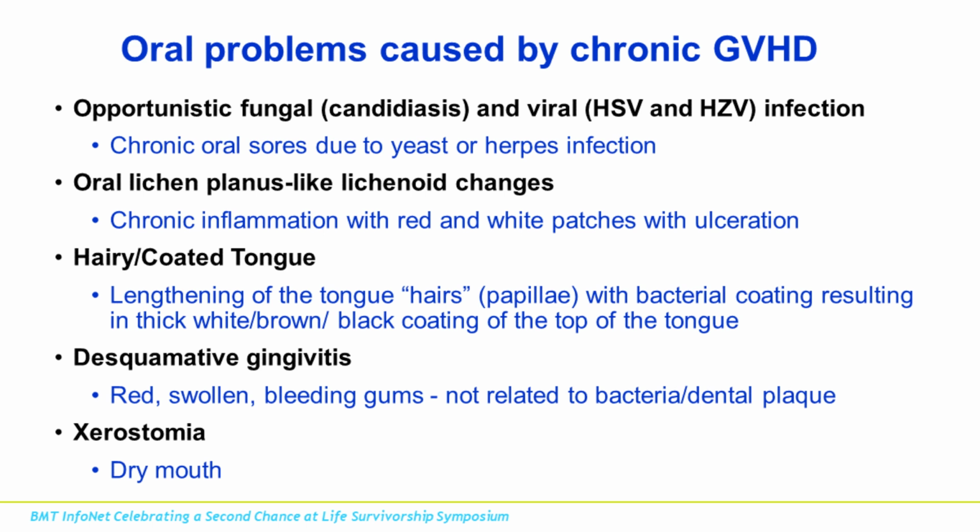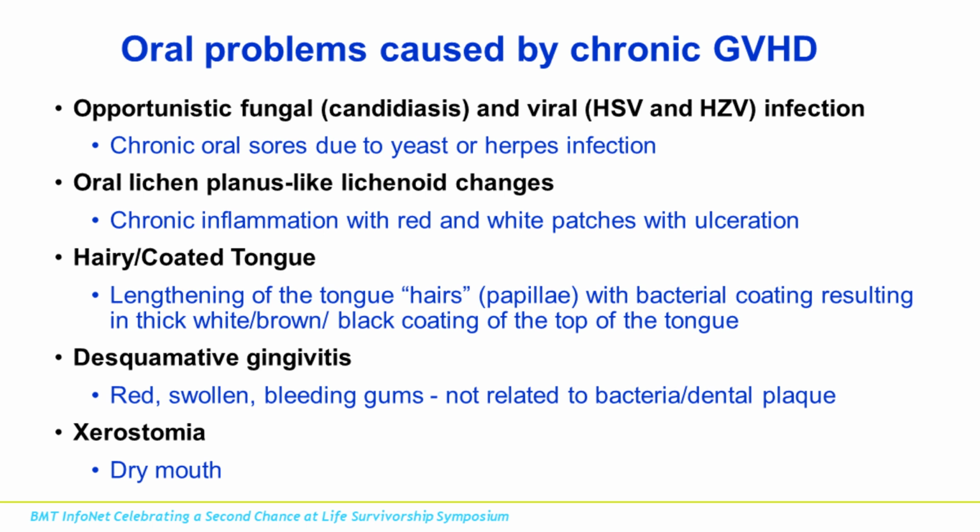The only difference is that in patients with GVHD, the bone marrow transplant triggers somebody else's immune cells attacking the mouth, whereas in the general population, it is their own immune cells, so it is called autoimmune. In the case of GVHD, it's called allogeneic, or graft-versus-host disease.